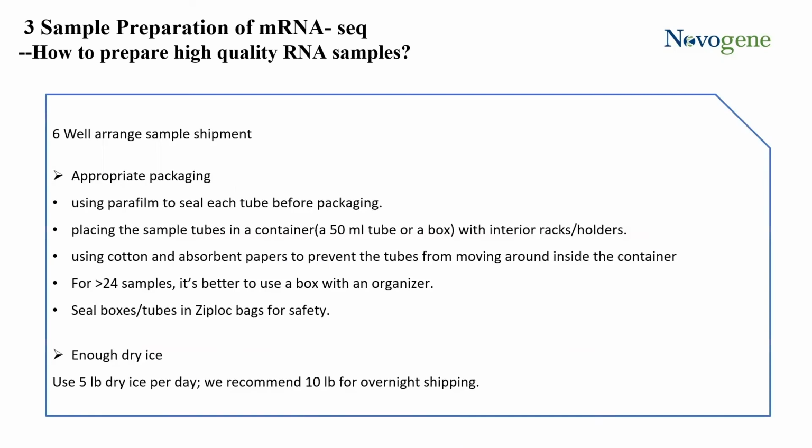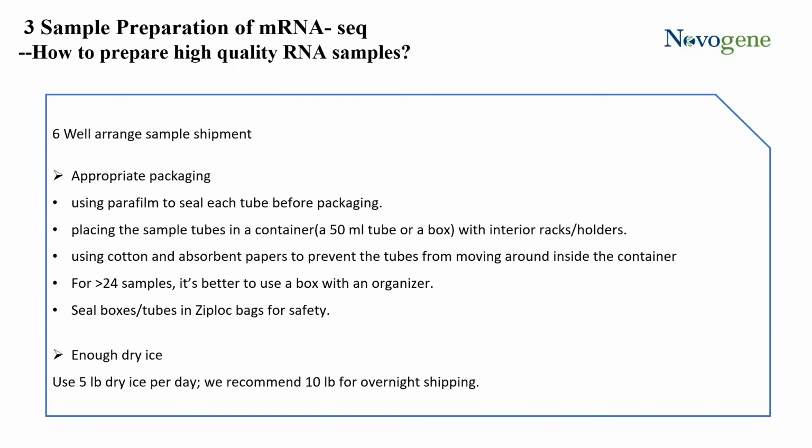Some more points that we are talking about, like labeling and shipping samples. For shipping samples, make sure you make good arrangements. We recommend using parafilm to seal each and every tube, because parafilm helps to prevent leakage during transit.